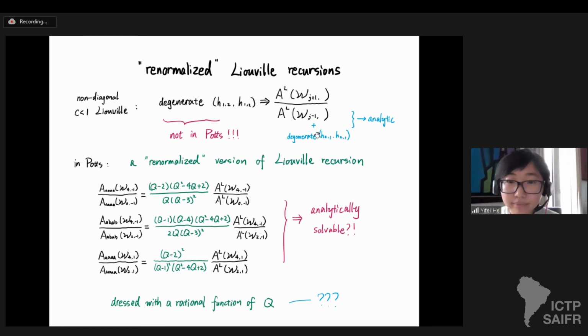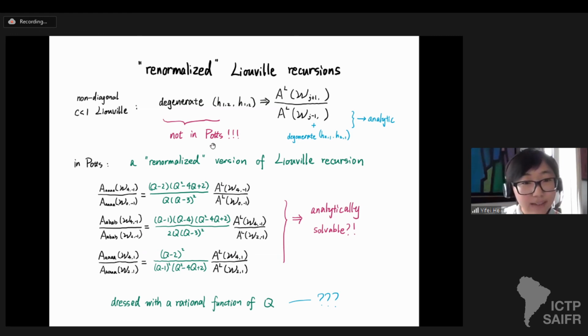In that case, we also have this degeneracy of the energy operator, and both sets of recursions give us a complete analytic solution of the theory. But unfortunately, this field here is not degenerate in the case of Potts.